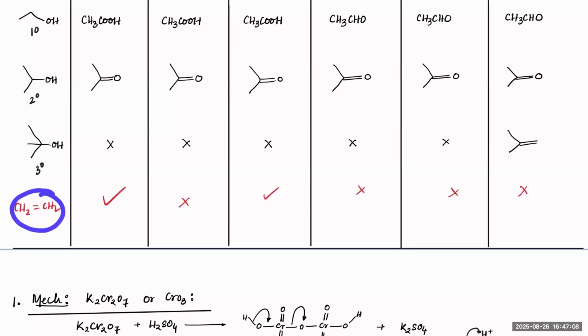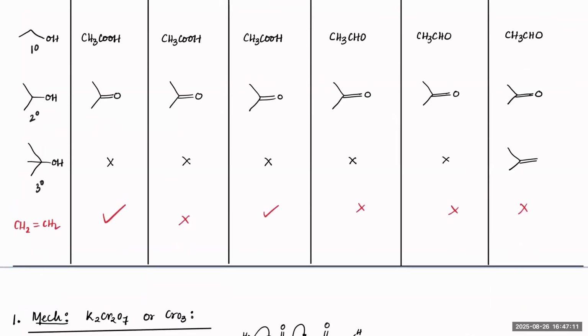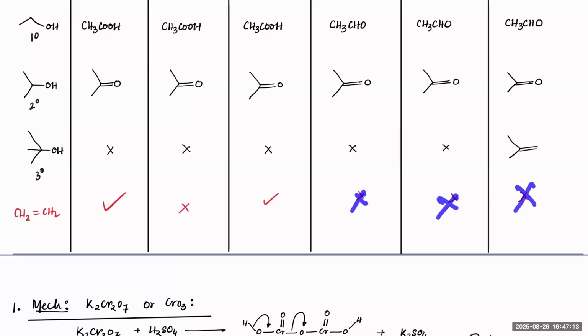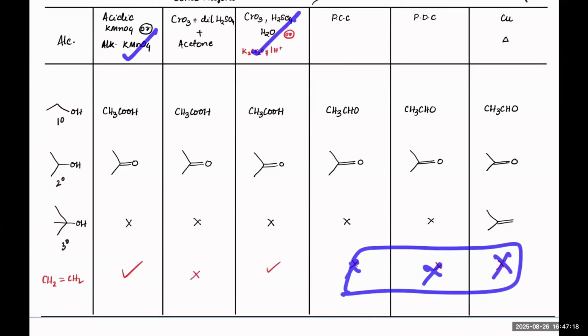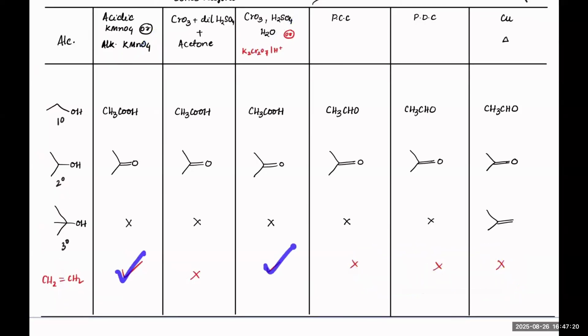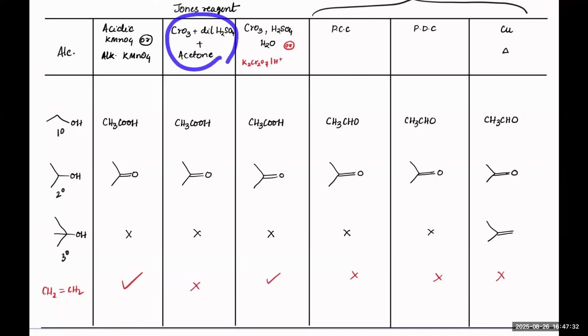If you have a double bonded carbon, the mild oxidizing agents will not have any role. But you know that KMnO4, K2Cr2O7 will break it, correct? That's why these two are breaking. But Jones reagent will not make any disturbance on the double bond. That's why it is slightly different from this one. Clear with that point? Rest all of the reactions are the same. The change comes in these two positions.